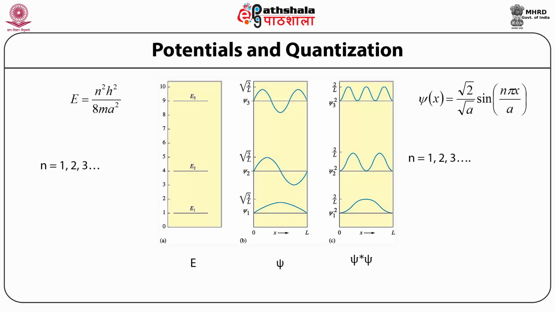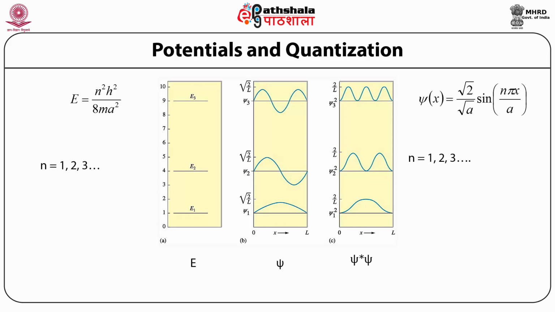So figure B indicates the particle wave function psi, that is, for n equal to 1 we have psi 1, n equal to 2 we have psi 2, and n equal to 3 we have psi 3.